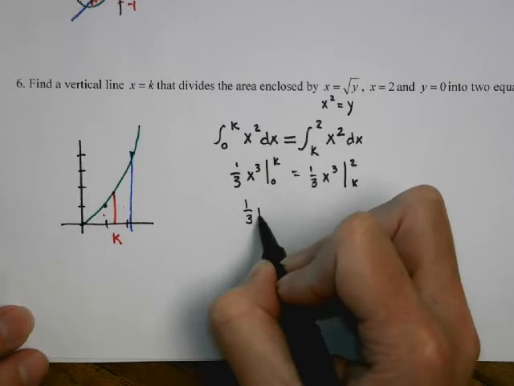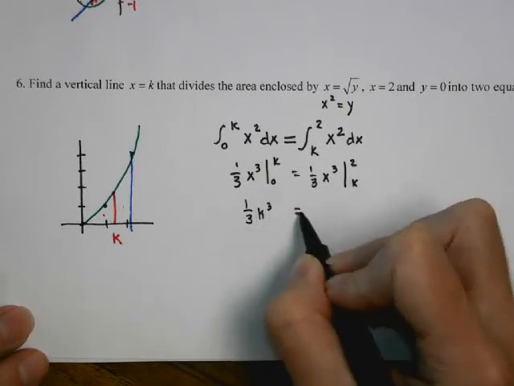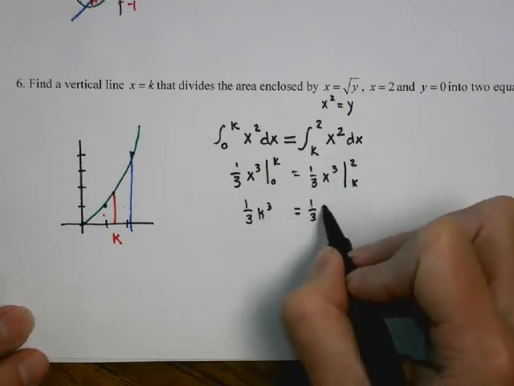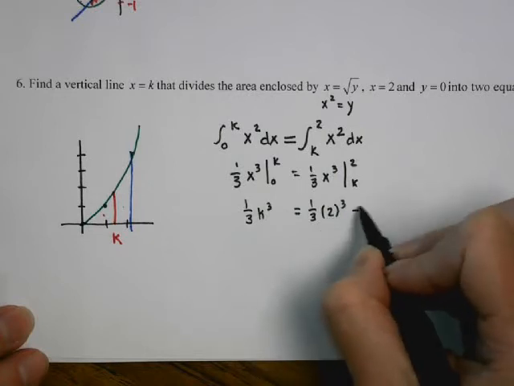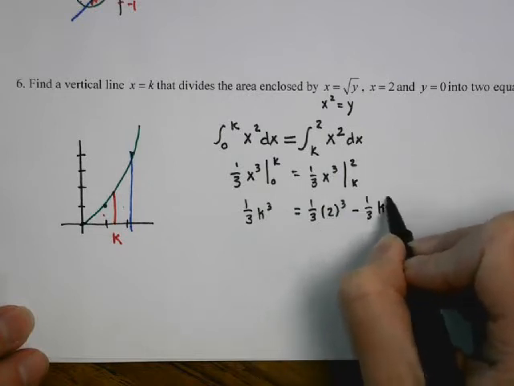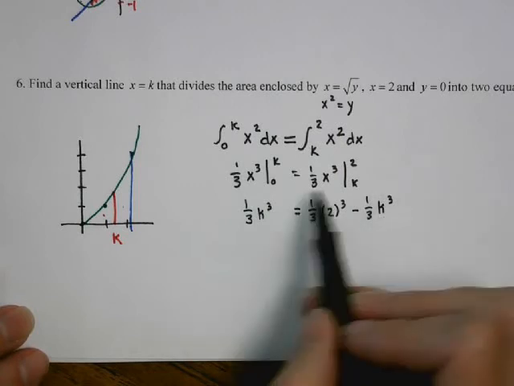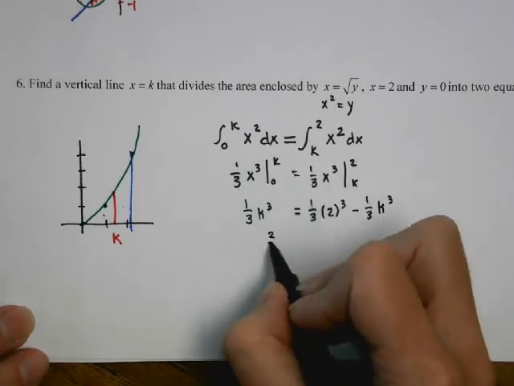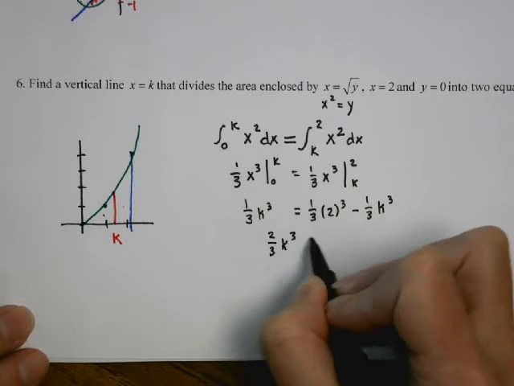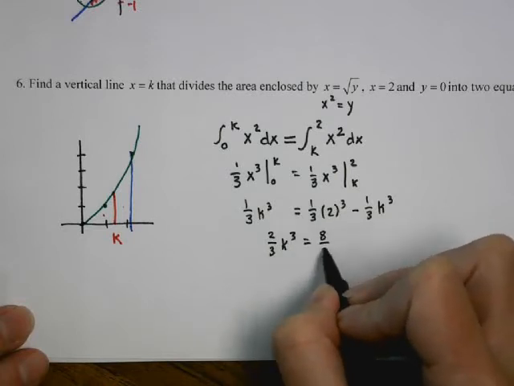So this will be 1/3 k cubed. This is going to be 1/3 2 cubed minus 1/3 k cubed. So I'll add that over. So we have 2/3 k cubed equals 8/3.